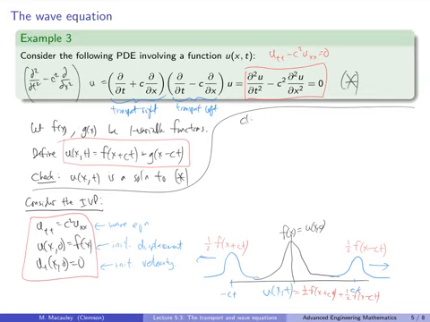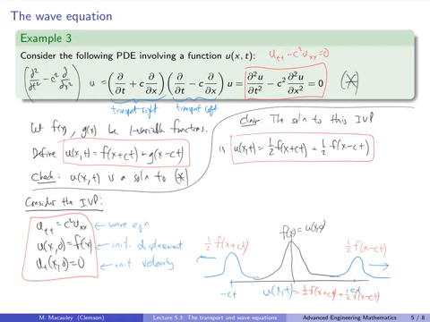So I claim that the solution to this initial value problem is u of xt equals 1/2 f of x plus ct plus 1/2 f of x minus ct. Let me box that, and let's just go through why that is.